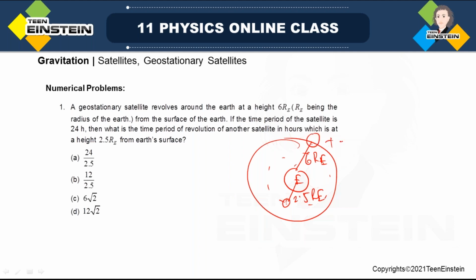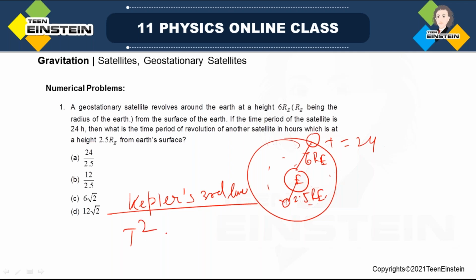The geostationary one has time period 24. That is what we have to know. So in this case, we will be applying Kepler's third law.